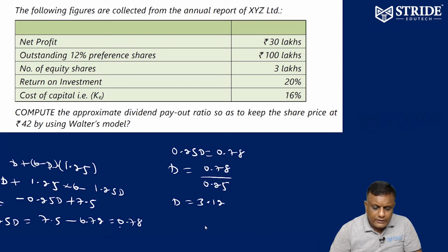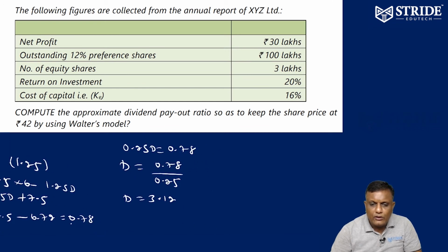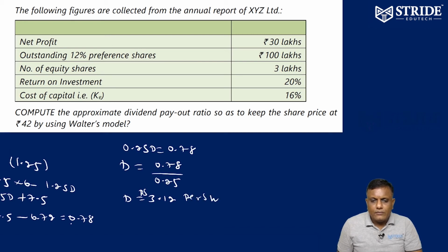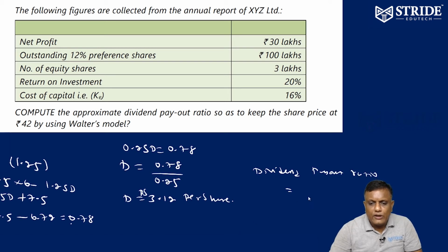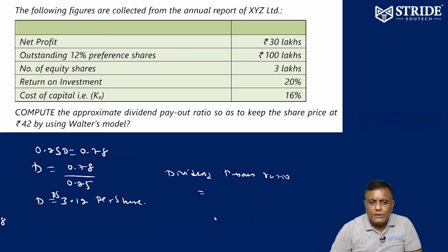Right. So D is equal to rupees 3.12 per share. So dividend payout ratio is equivalent to D by E into 100.